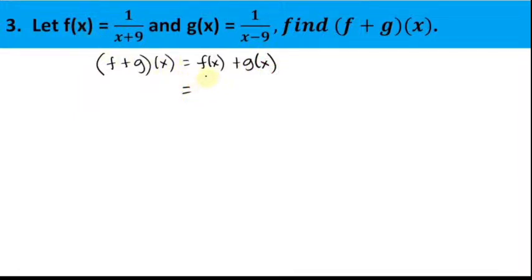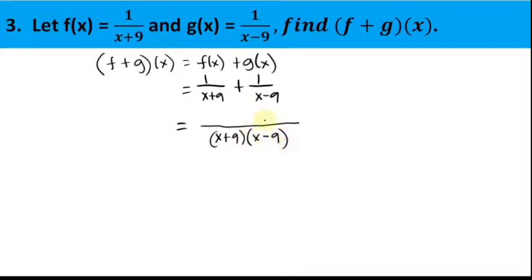So ang f of x is 1 over x plus 9, plus g of x, 1 over x minus 9. Then ano yung denominator? That is your LCD. So x plus 9 times x minus 9. Next ito, x plus 9 times x minus 9, i-divide mo yan dito, x plus 9. So ma-eliminate yung x plus 9.